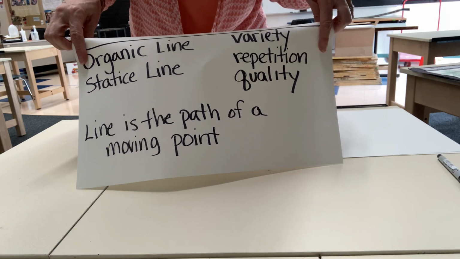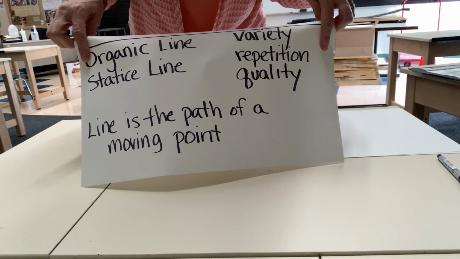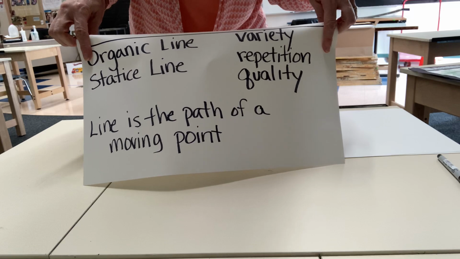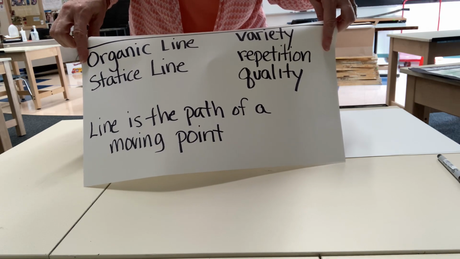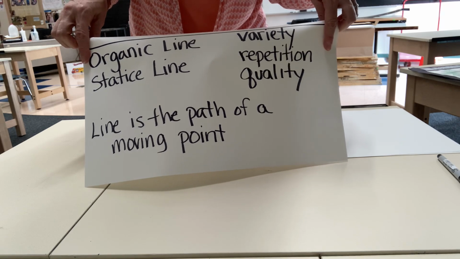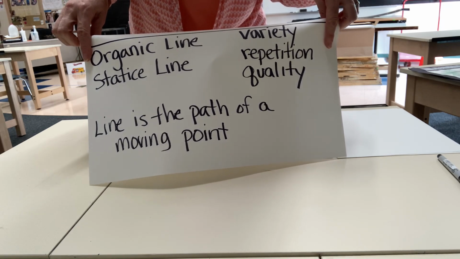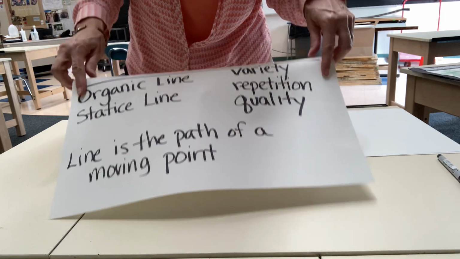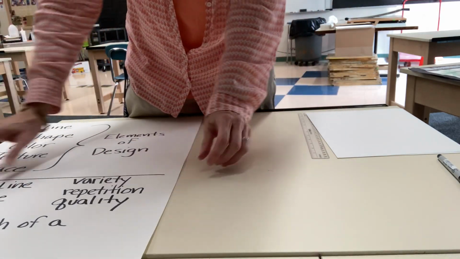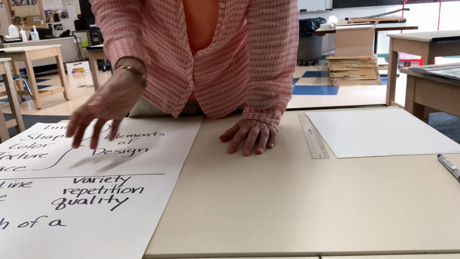So some of the fancier words that you're going to be hearing me use over the next few projects are the words organic, and in this project it's organic line, and the word static. And that's just static line. Organic lines are lines that are curvy.